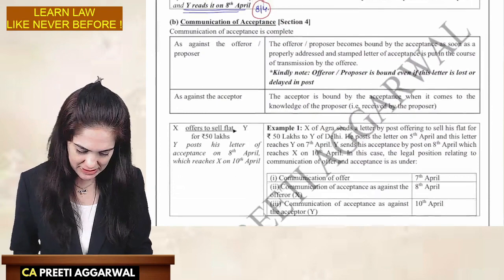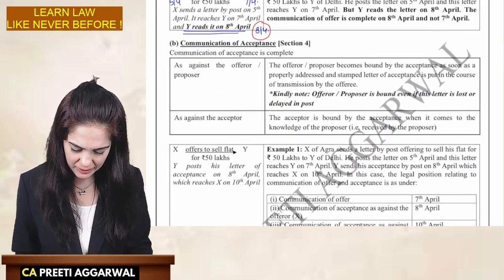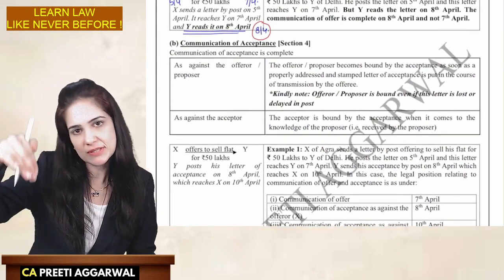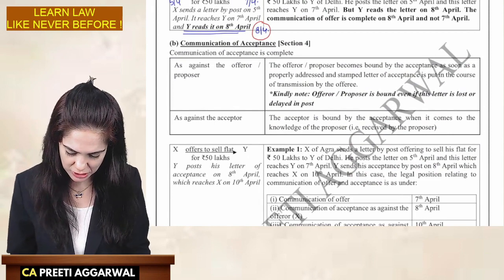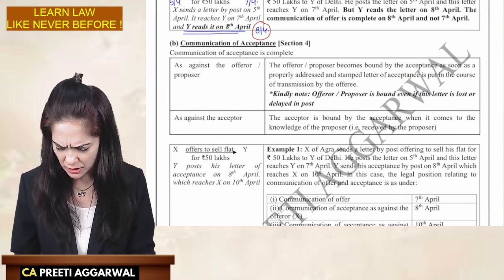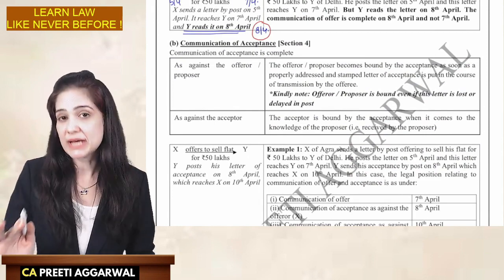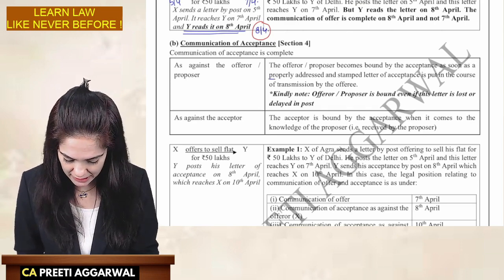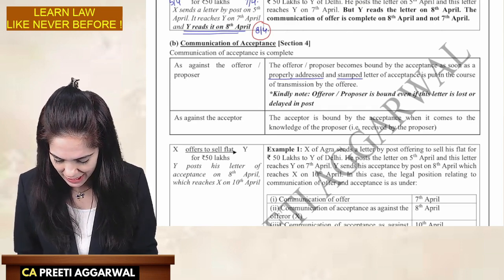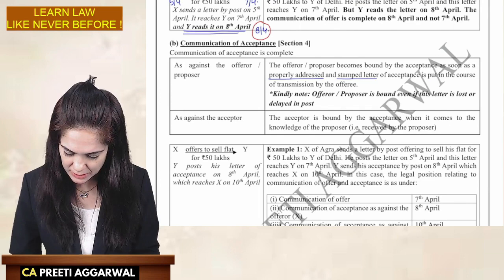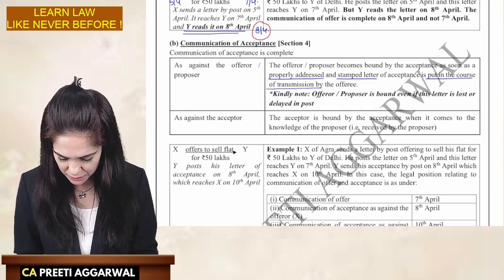Communication of acceptance as against the offerer is complete when Y posts the letter. When he puts it in the course of transmission, the offerer or proposer becomes bound as soon as a, please highlight, properly addressed, stamped letter of acceptance is put in the course of transmission.